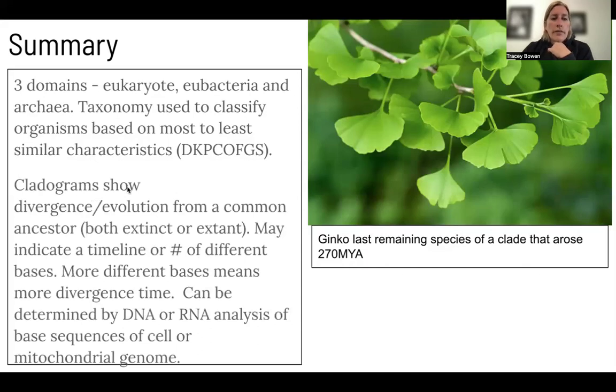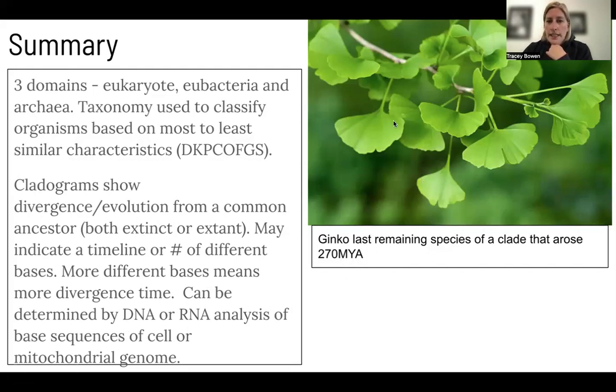So cladograms show divergence and evolution from a common ancestor, both extinct or extant, and that may indicate a timeline or a number of different bases. More bases difference means more divergence time, and that can be determined by DNA or RNA analysis of the base sequences of cells or mitochondrial genomes.